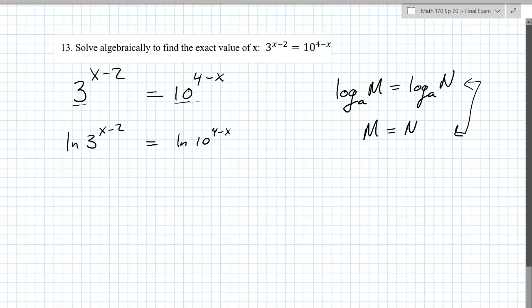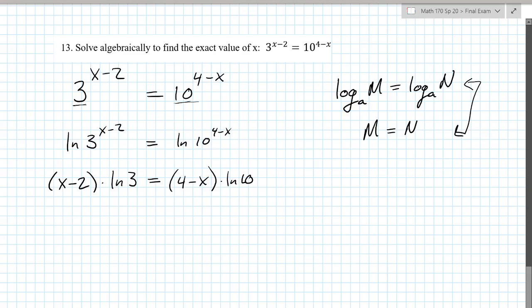Those are some other good options, but I'm just going to use the natural log. Now we're going to take the exponent property and rewrite: x minus 2 times the ln of 3 is equal to 4 minus x times the ln of 10.